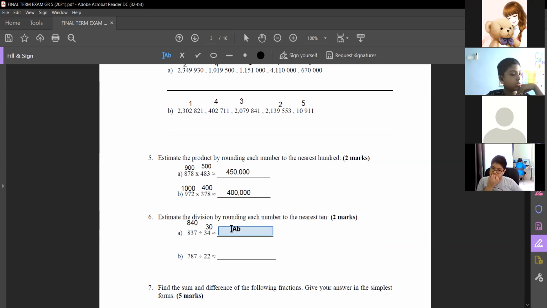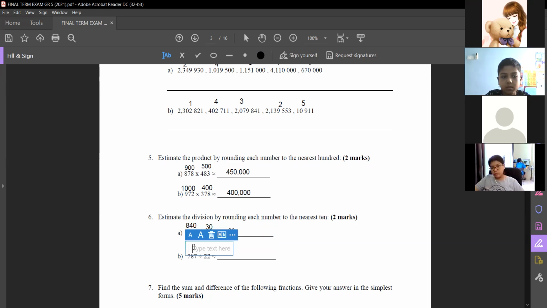Is my answer correct? Your answer is wrong. I'm asking whether the rounding off I did is wrong or right? Correct. So what is your answer? 840 divided by 30 is equal to 28. Very good. So you should get 28.